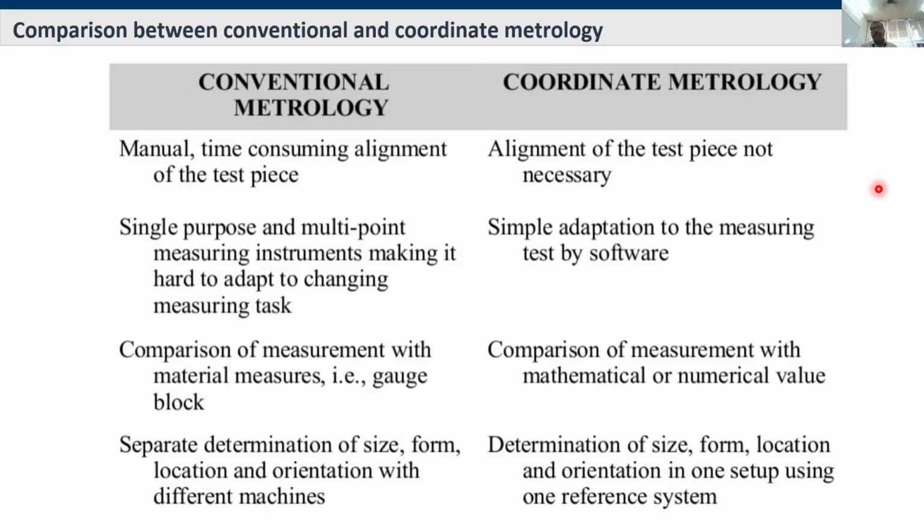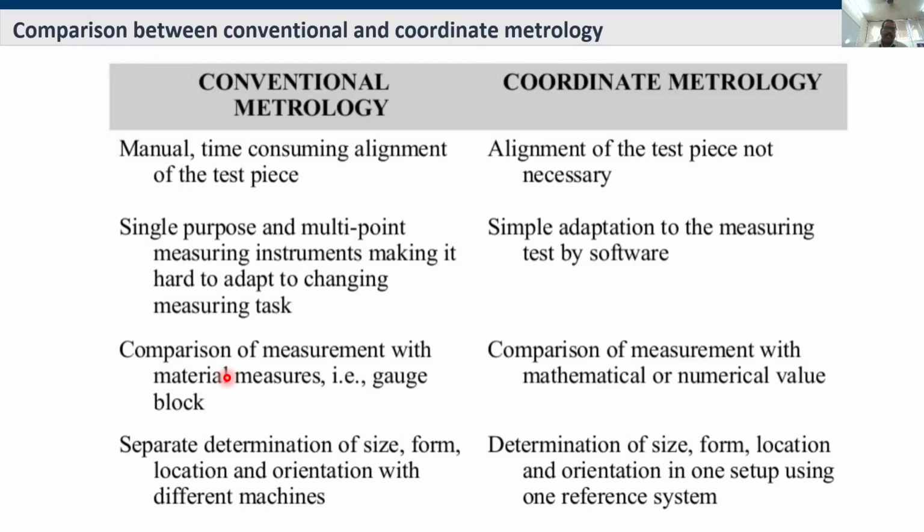Then comparison of measurement with material measures, that is gauge blocks, versus comparison of measurement with mathematical models. Here in conventional they use gauge blocks, but in coordinate metrology they use mathematical models and prepare mathematical equations.